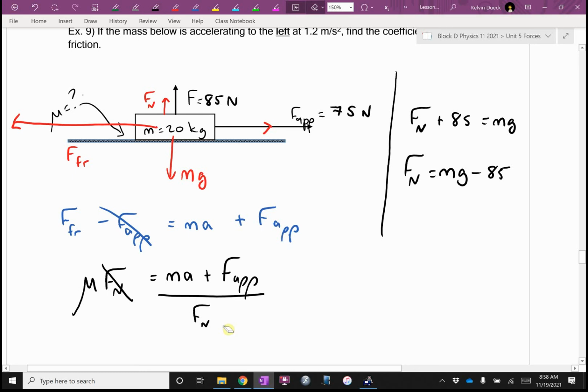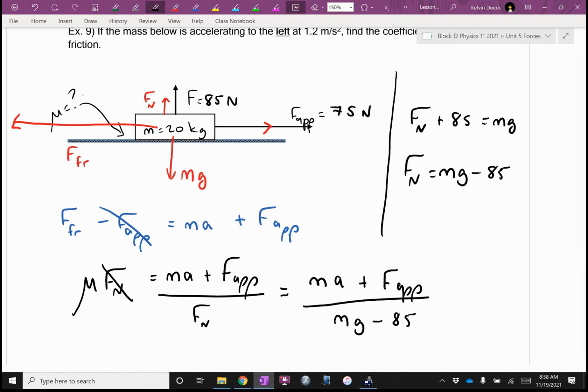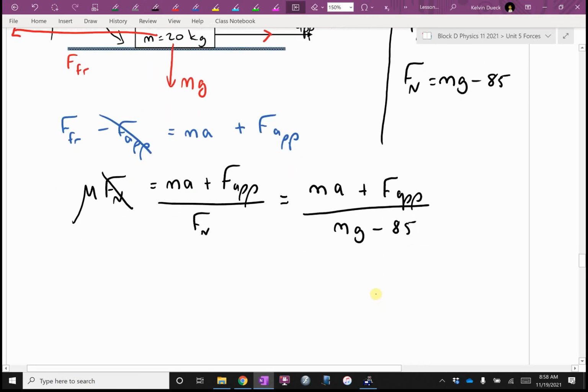What can I replace this with? I've done this purely algebraically so far, Danica, just so you can see how it all fits together. Now let's start sticking in the numbers here. But this has to work.